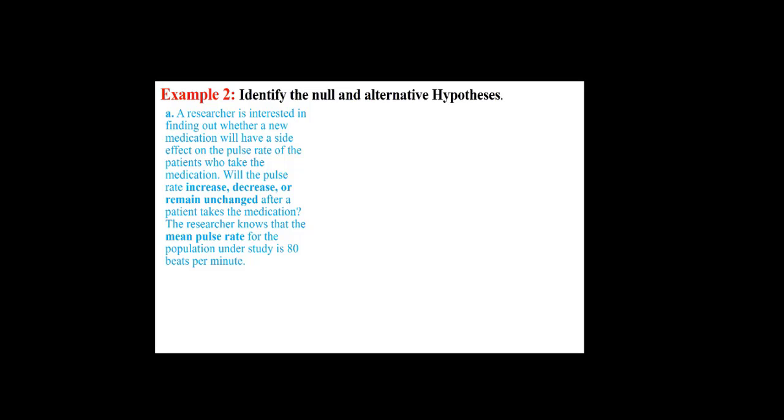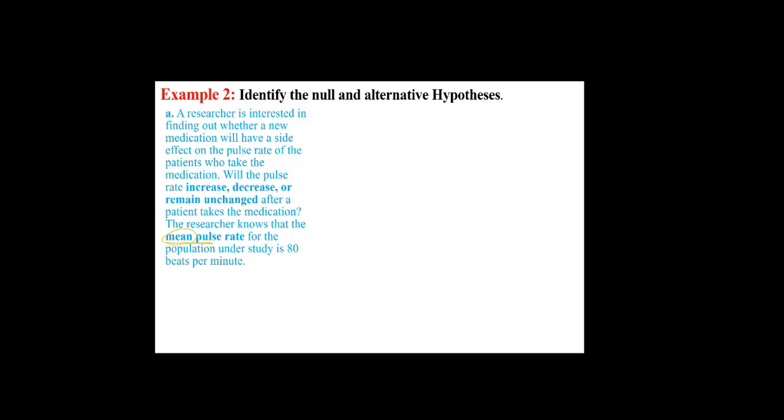The researcher knows that the mean, okay, so first I want to look at this mean. The moment we see mean, that means mu. By the way, the test of hypothesis is only and always about the population parameter, not sample statistics. Why?